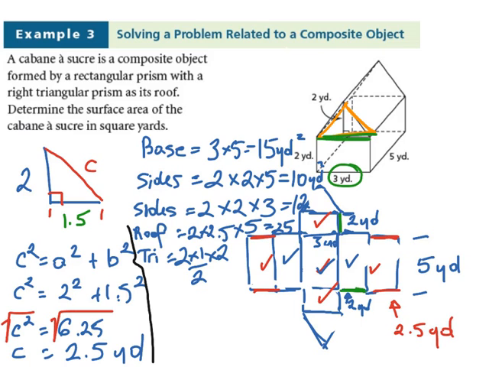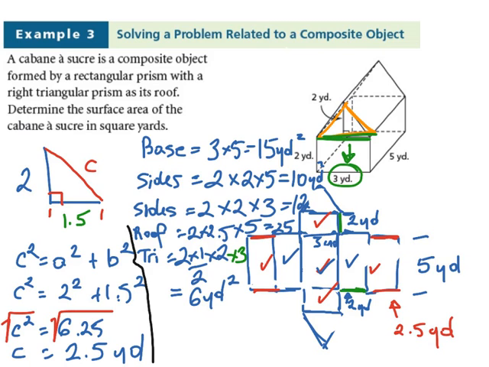So our triangles' areas are 6 yards squared. So we covered all of it, there you go.